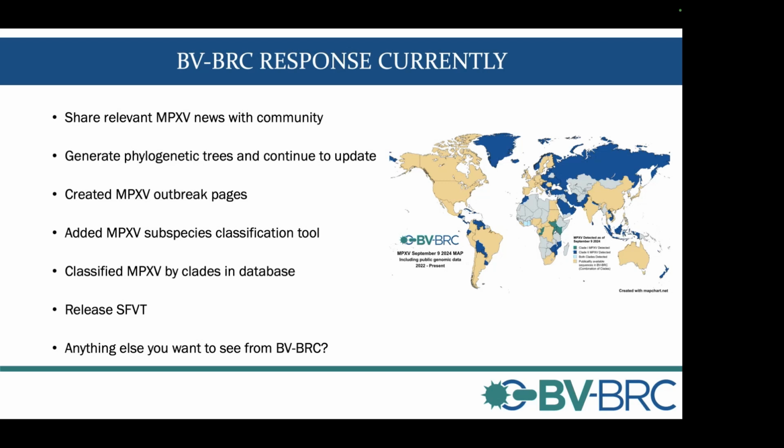And as of this morning, we released the sequence feature variant type data for monkeypox virus. I'll show you that in a little bit more detail. But the BV-BRC team is continually trying to meet the needs of the community for rapid outbreak response. So again, if there's anything else you want to see from us, let us know so we can further support you.